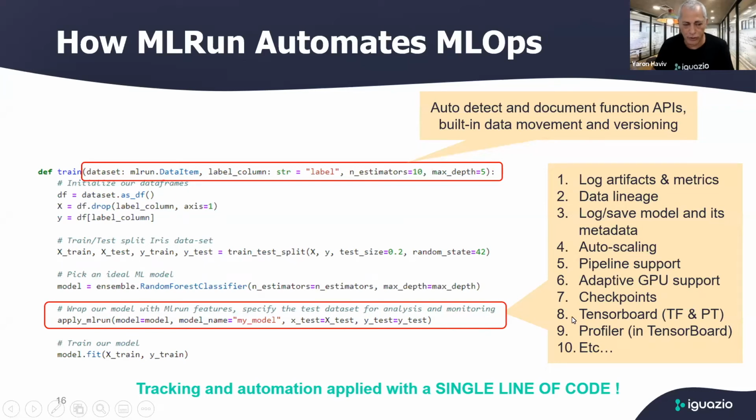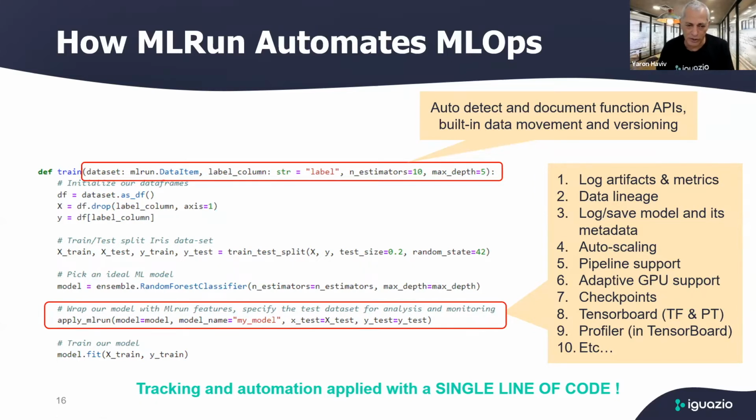This is just a few examples that Guy is going to dive deeper on. But let's assume that we want to build our own training function. Nothing special. This is just standard code that we're developing. The only line that we need to add to our code is the one that you have here, which is essentially all this AutoMLOps in a single line. So we write our standard function. We have some signature where we can use the arguments above. We don't need to use all those arguments that you've seen in my slide before.